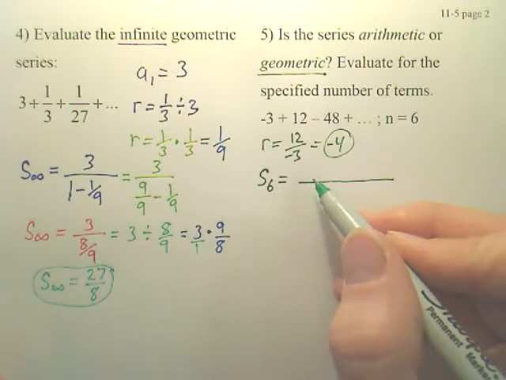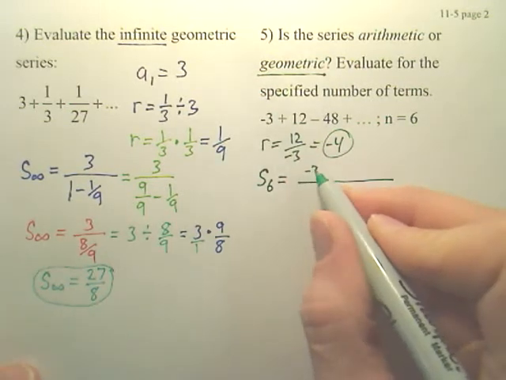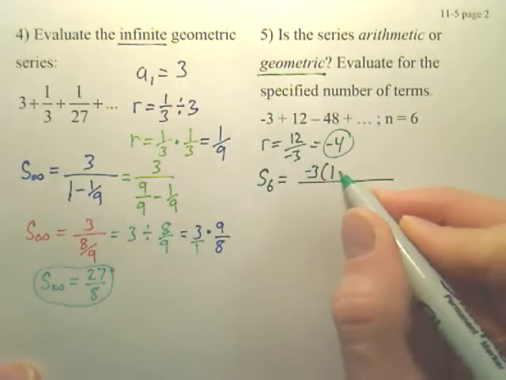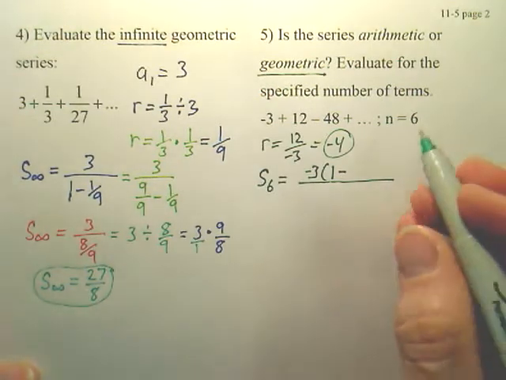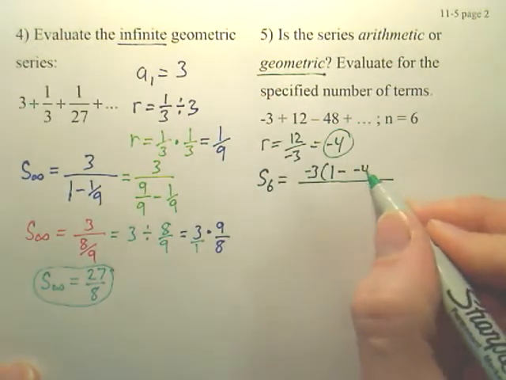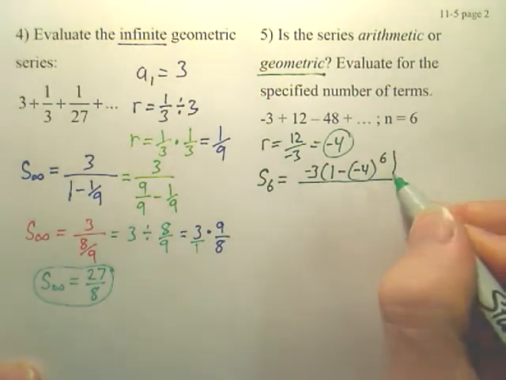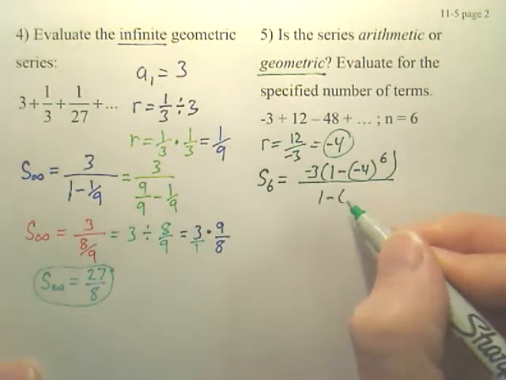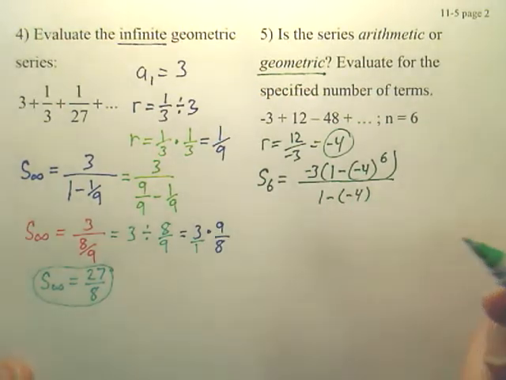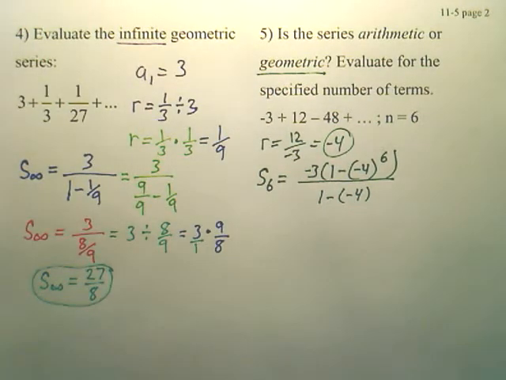You start off with A1, which is -3, times 1 minus R, what's R? -4. And what's n? 6. Over 1 minus R, which is -4. A lot of things to kind of mess up on, so be careful.